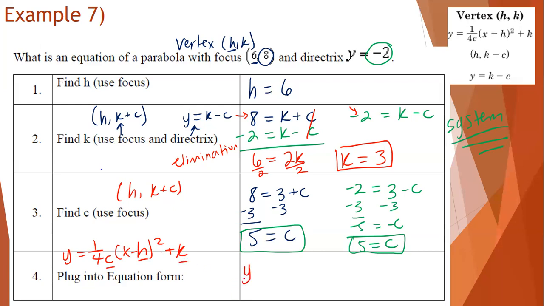I'm going to plug all those bad boys in. y equals 1 over 4 times 5 times x minus 6 squared plus 3. So y equals 1 over 20, x minus 6 squared plus 3.